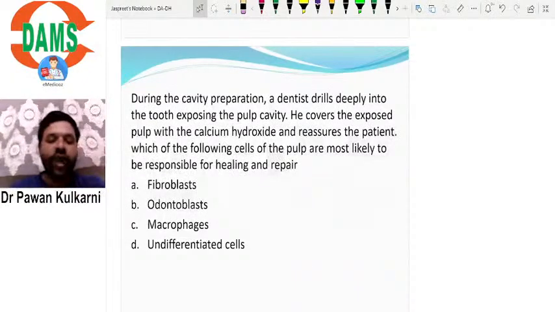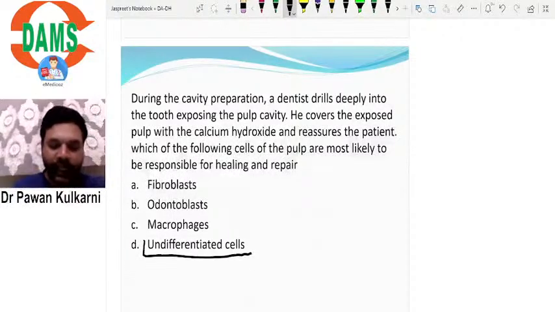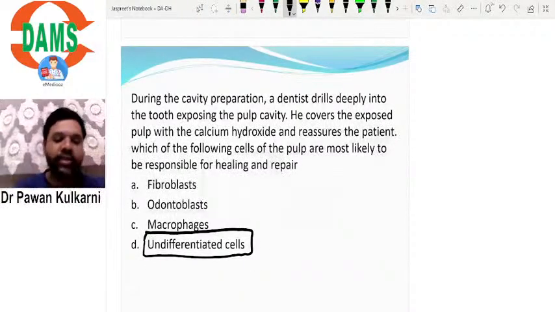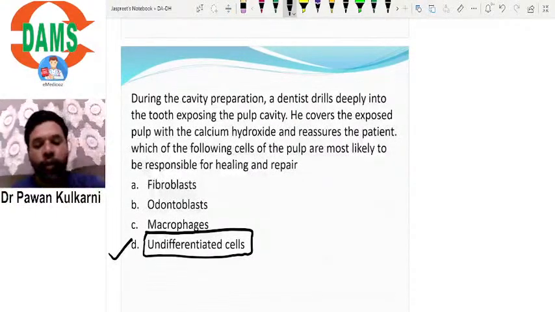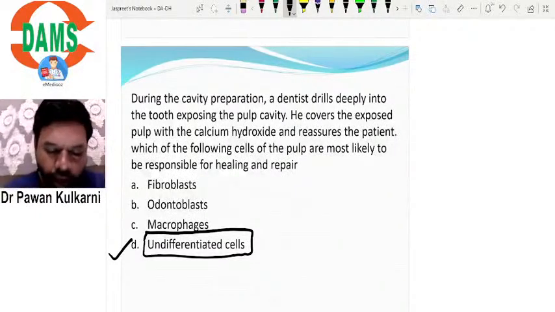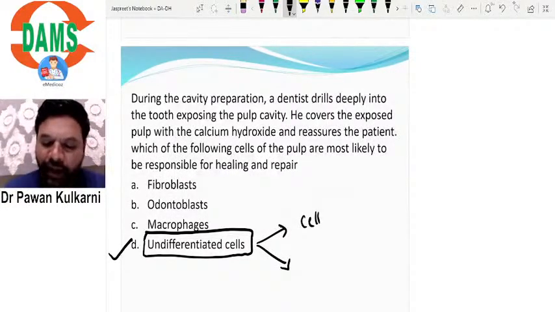Okay, for this you have to understand that the undifferentiated cells in the pulp are the major cells that help in healing and repair. These undifferentiated cells will be there in your pulp core and the cell rich zone of the pulp. So the pulp has two zones where the cells are concentrated: one is the cell rich zone, and the other is the pulp core.